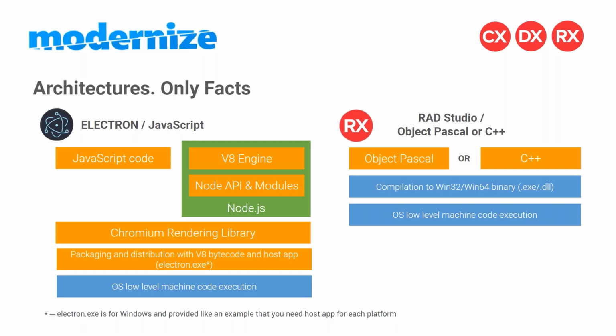If we check the right side, here is our Object Pascal or C++ for Delphi or C++Builder, and when we are developing our application, we just compile it into a Win32 or Win64 binary, and it's already ready for execution as low-level machine code.